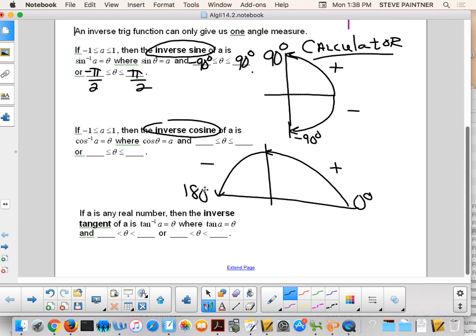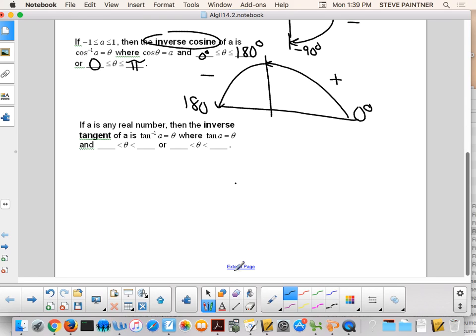So greater than 0 degrees, but less than 180. Or if we're talking radians, greater than 0 radians, but less than pi radians. Okay? These are the answers your calculator will tell you. If you punch in a negative ratio, you get this quadrant. If you punch in a positive ratio, you get this quadrant.